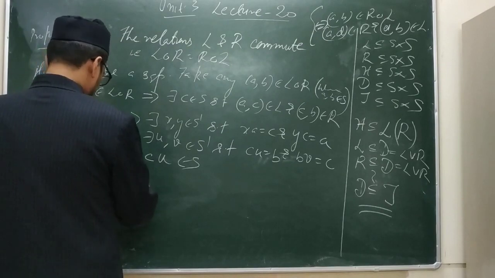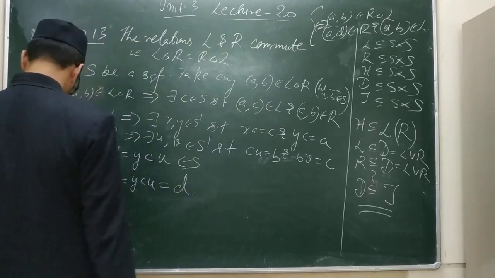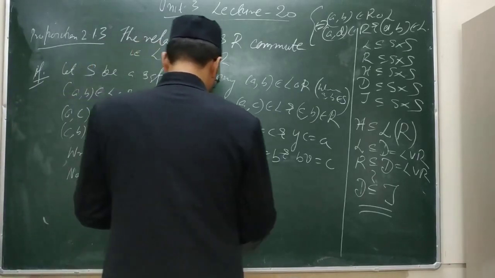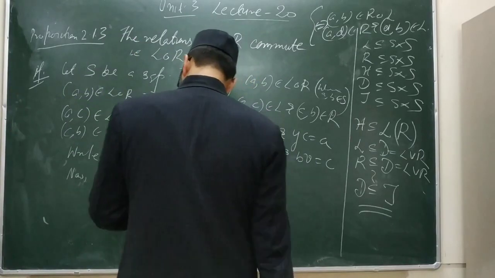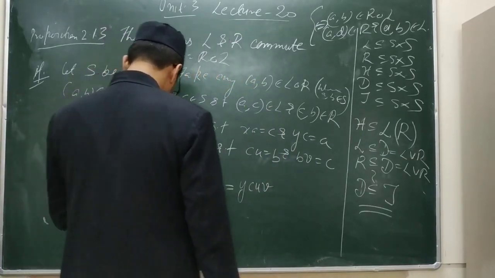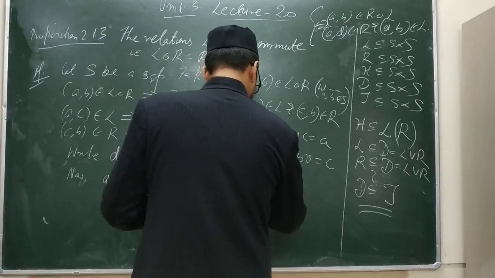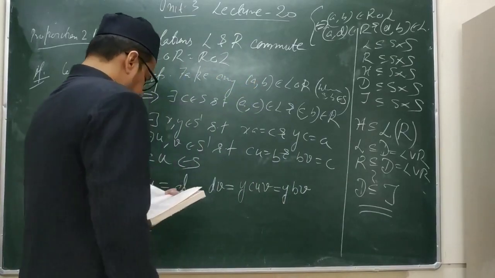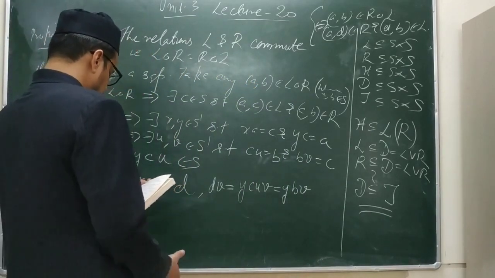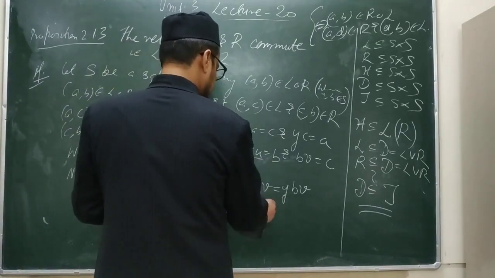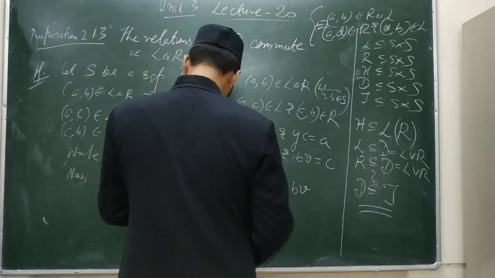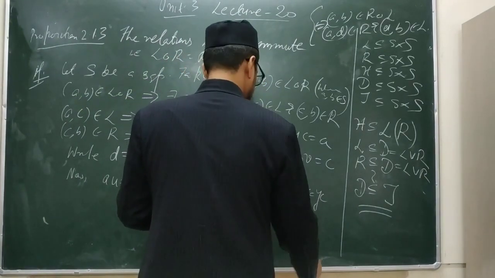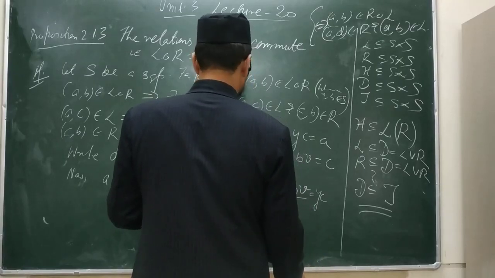YCU, this is D. And DV is equal to YCUV, which is YBV, because D is YCU and CU is B. So YBV, and BV is C, that is YC, and YC is A.